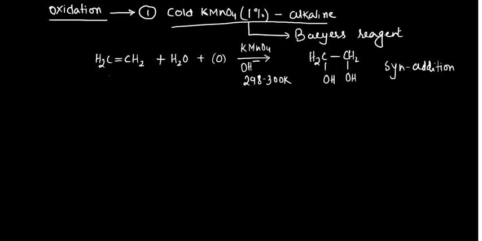And a very important thing: if I use another reagent in place of this alkaline KMnO4, suppose I use HCO3H, that is performic acid, then the addition will be anti-addition.